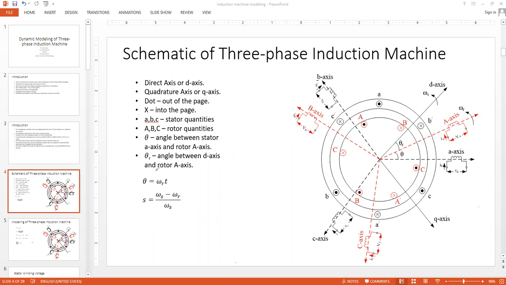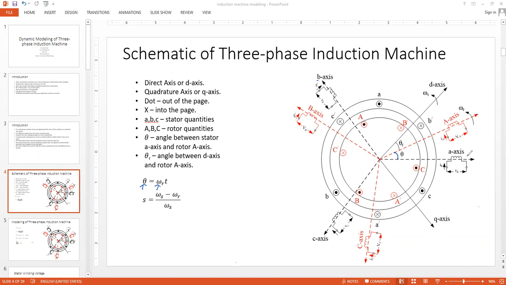So let's start with the mathematical derivation. Now, how do you relate theta and omega r? Again, go to the diagram. Remember, theta is this angle. Let's say when time equals 0, this a axis was exactly aligned along the a axis. This is an assumption.